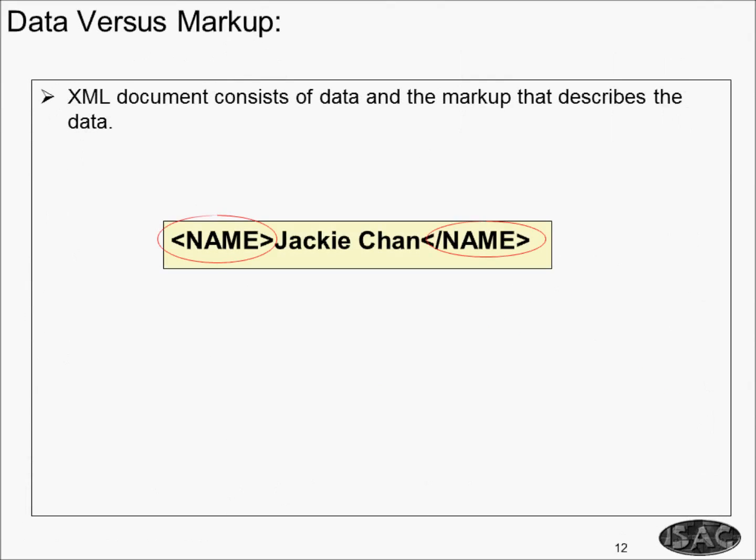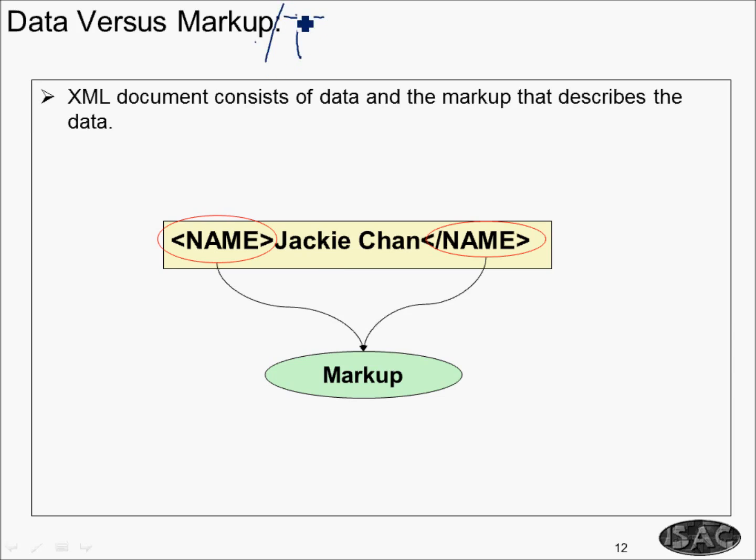Now inside the XML document there is a markup, which is nothing but a tag. Let me explain this again. Whenever I use the word markup, it is the same as the word tag. So markup and tag are the same in our case. In an XML element we have seen that there is data and the markup that describes the data.